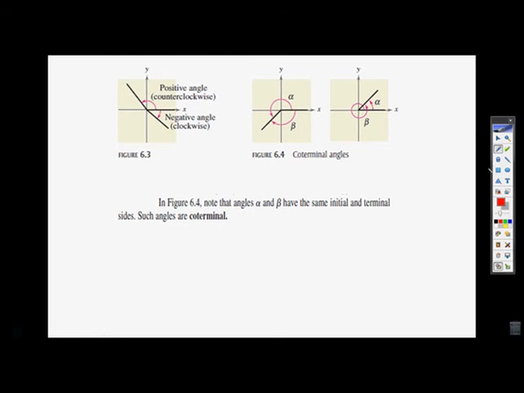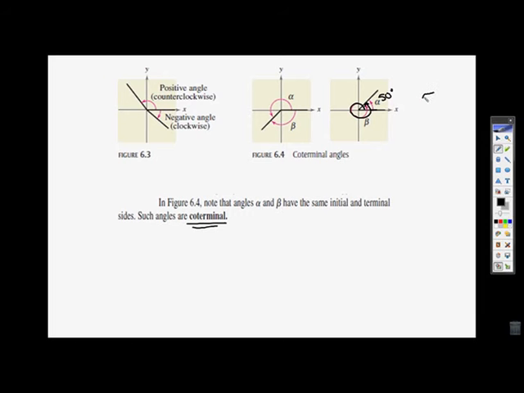We could also look at it as just another revolution around the xy plane. Here we start at positive x-axis, our initial side. We open up here to this terminal side. That is our angle alpha. Let's say roughly, maybe that's a 50-degree angle. Another coterminal angle would be to start opening up the angle and not stop right there, but do another lap around the xy plane.